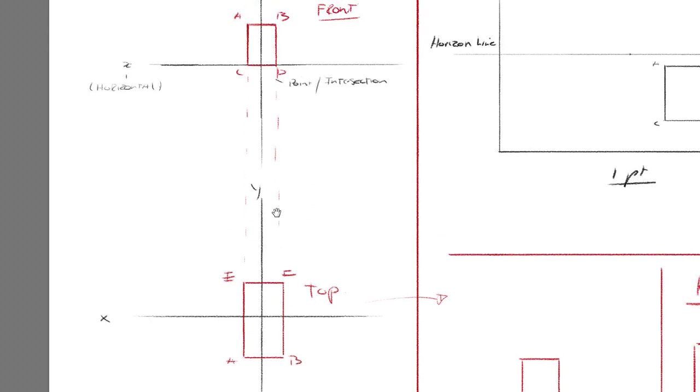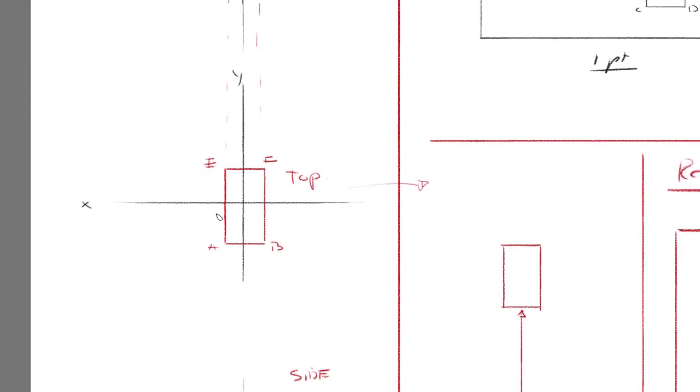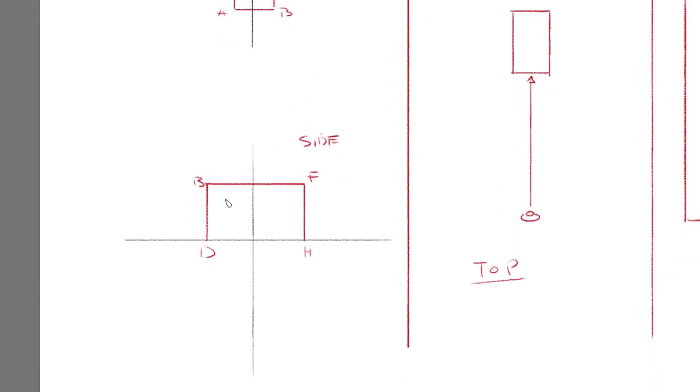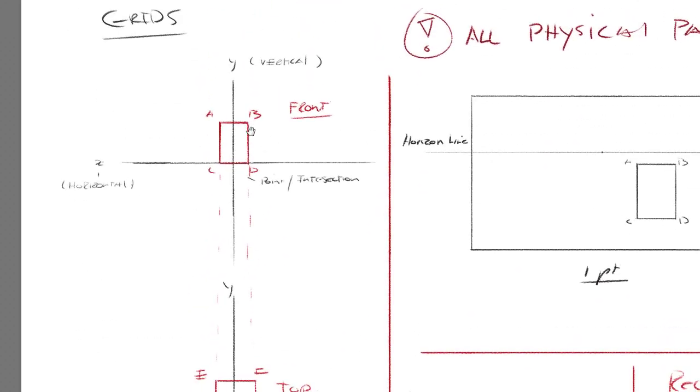I'm just imagining this box and how it would look from the front and perhaps the top. They will definitely share the same width. So the depth is something new, and then the side view. This object will share the same height, and the side view will show us the distance into space from the side.